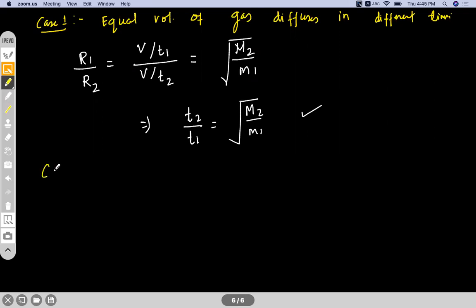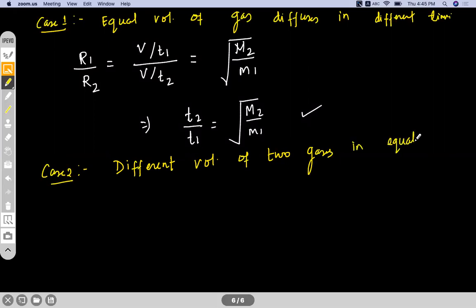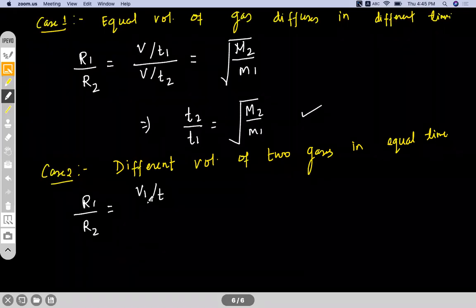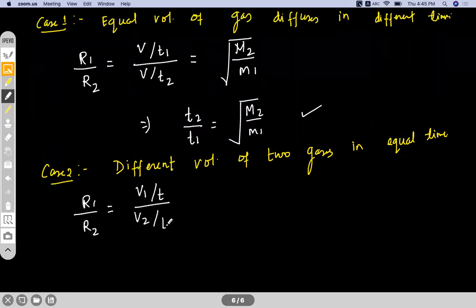Suppose the second case is just the opposite: different volumes of two gases in equal time, meaning the t value is the same. So R1 by R2 is equal to V1 divided by time t over V2 divided by time t, which again equals root of M2 by M1.